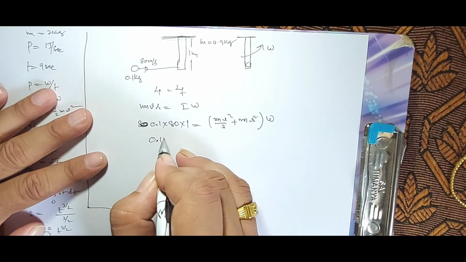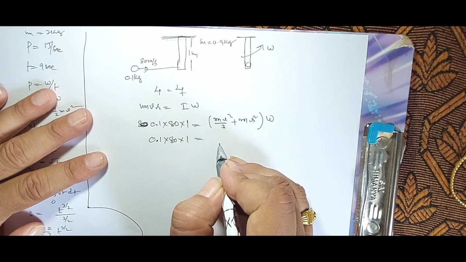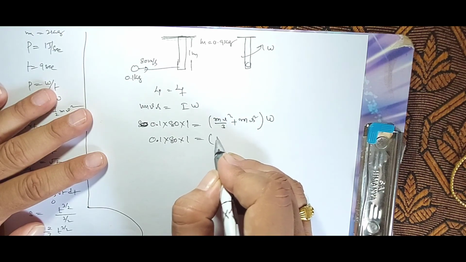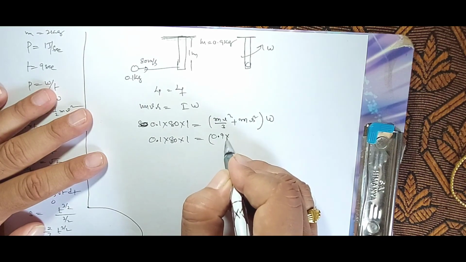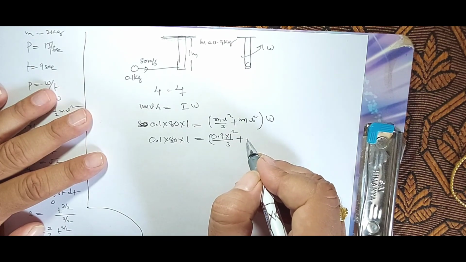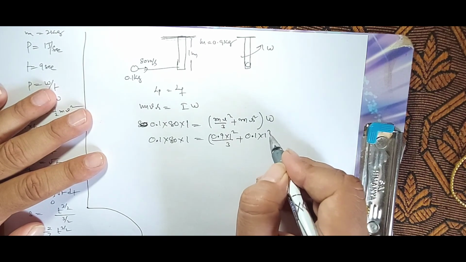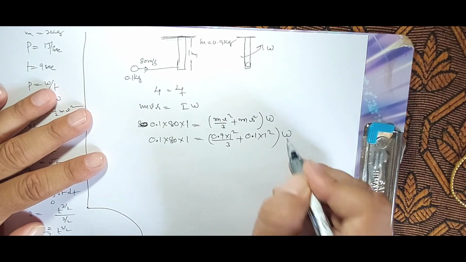So 0.1 into 80 into 1 is equal to ml square by 3, that means 0.9, L square means 1 square by 3, plus mass of the particle 0.1 into r square, 1 square, into omega.